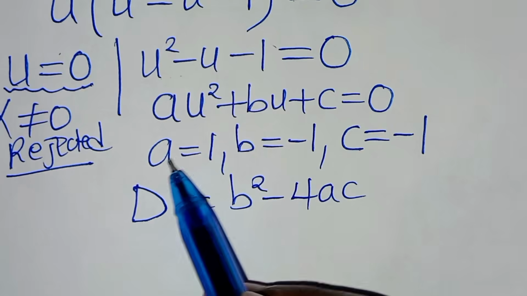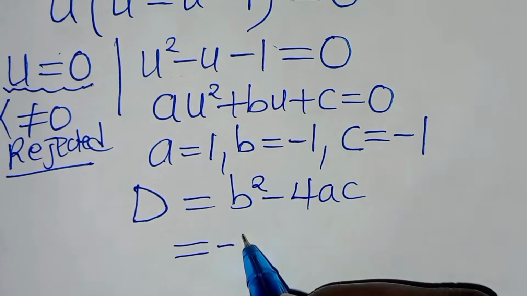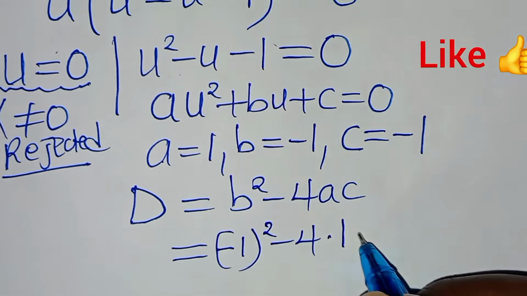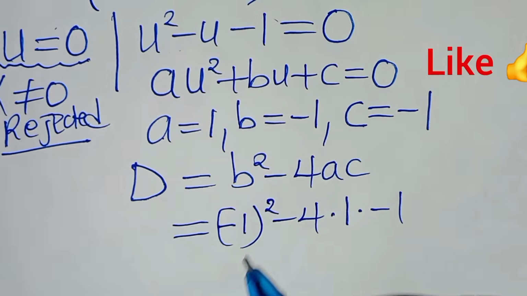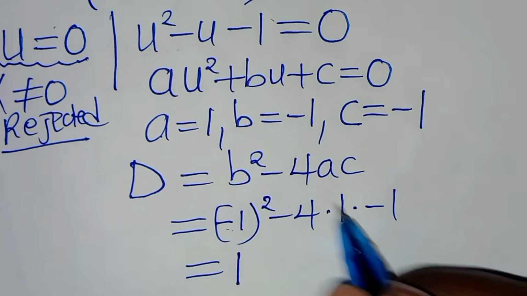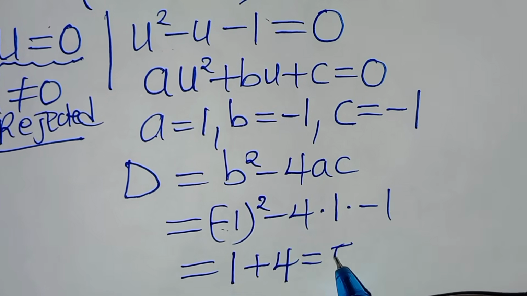So let's substitute the values of a, b, and c. So that now here we have minus 1 squared minus 4 times a, which is 1, times c, which is minus 1. So here we have minus 1 squared, and this is 1, minus 4 times minus 1, this is plus 4, and this is equal to 5.